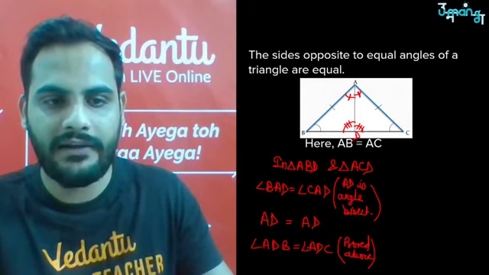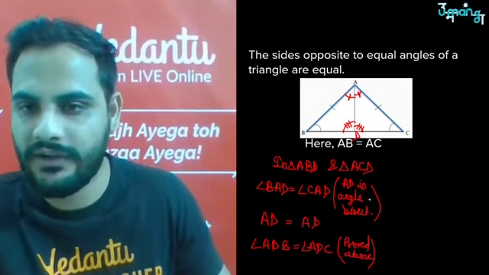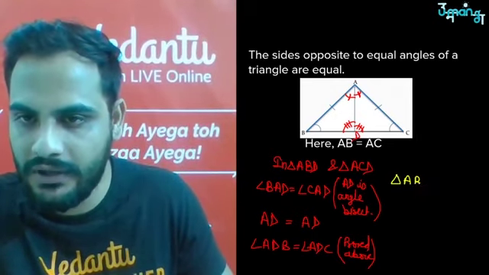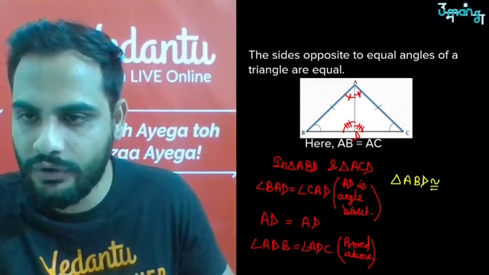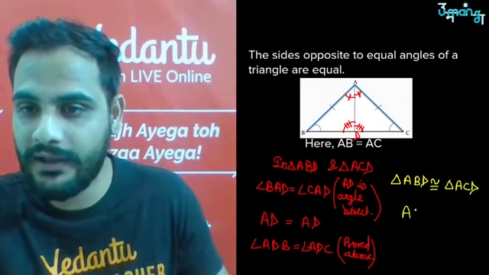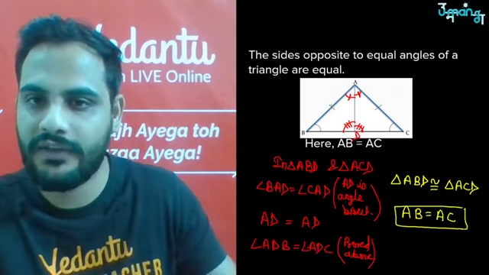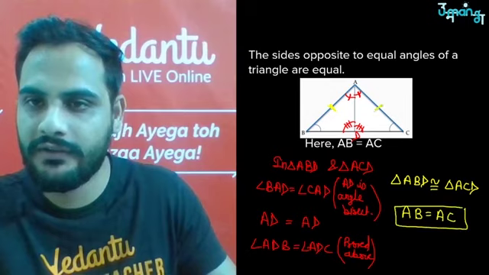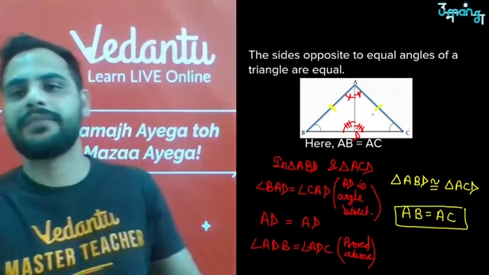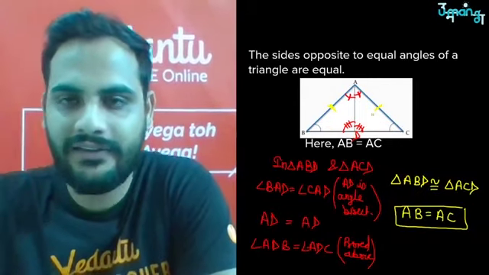So by angle side angle criteria, triangle ABD is congruent to triangle ACD, and if they are congruent, AB will be equal to AC because they are corresponding sides. These are the results of the isosceles triangle.